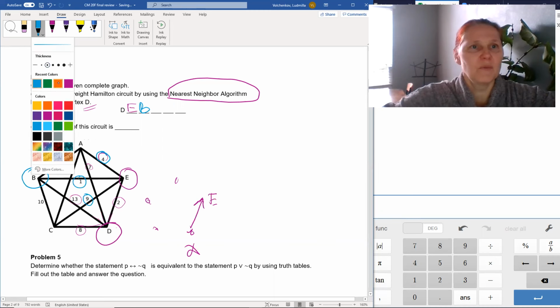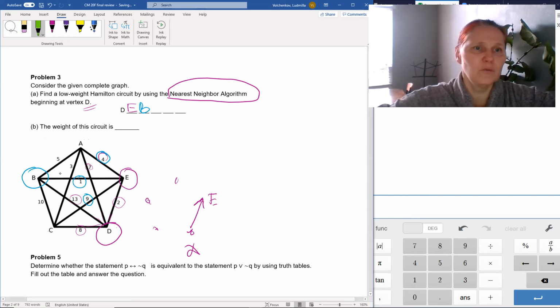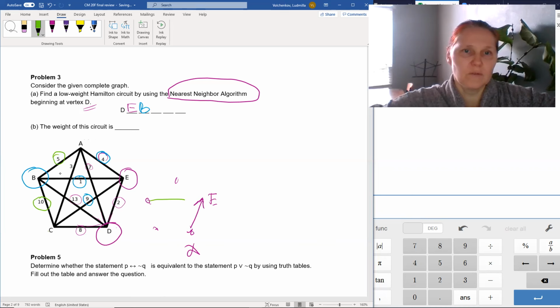From B, we have only two choices, go to A or go to C. So we have this way. We cannot return to D or to E. Yes, the circuit must consist of 6 vertices, so 5 vertices, and we return back.